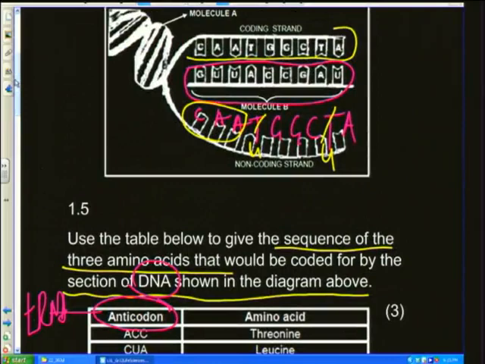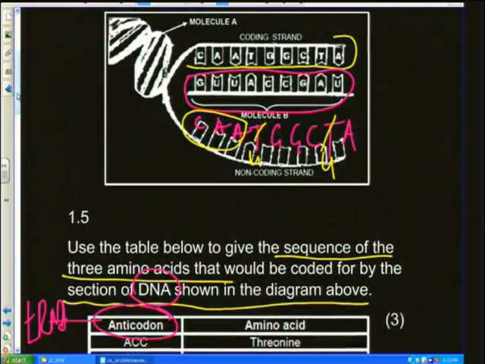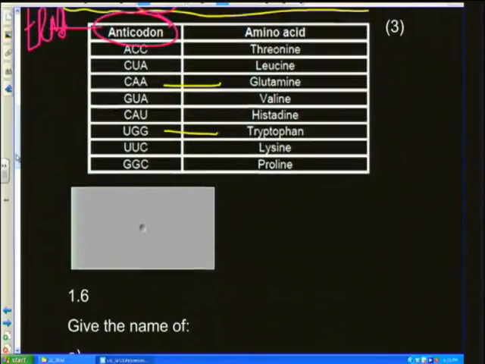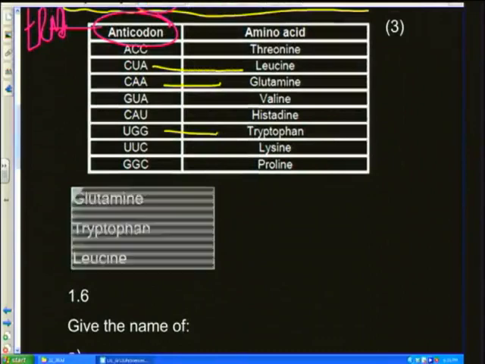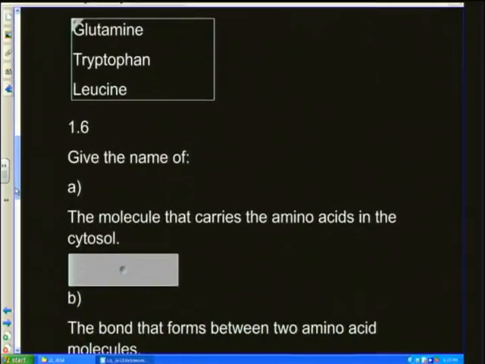The second one is UGG. UGG, there you go, is tryptophan. And the last one there is CUA. CUA is leucine. And let's see, there you go, glutamine, tryptophan, and leucine.